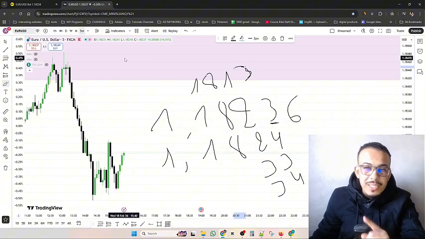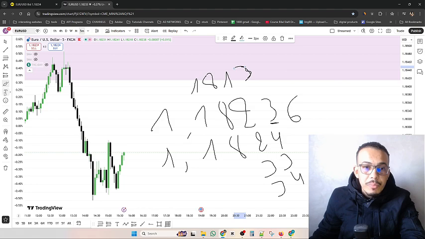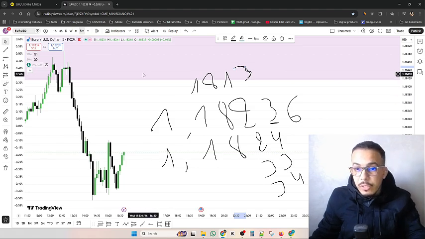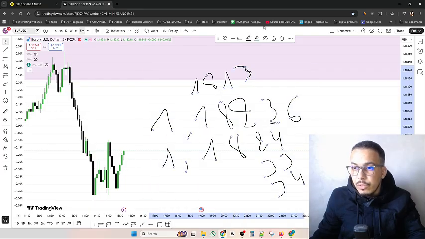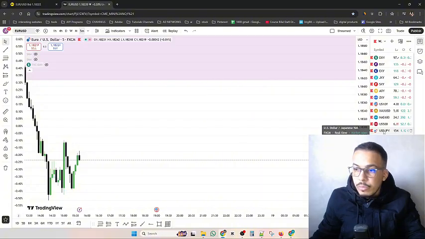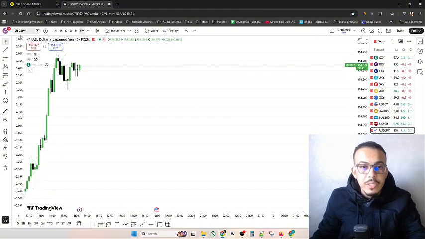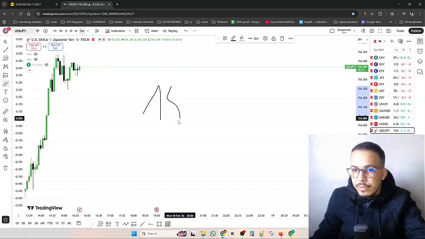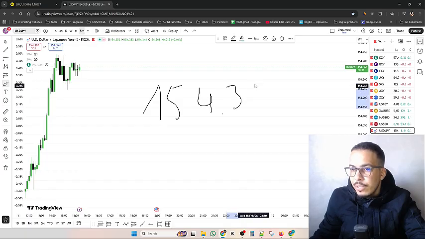But keep in mind, this is not for all the currencies, okay? But most of them work like this. We have, for example, the dollar yen, okay? For the dollar yen, let's remove all of this. Let's go to dollar yen, this one. USD JPY, the current price is 154.369.